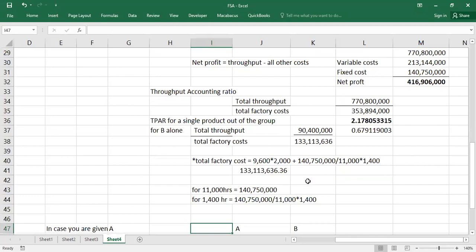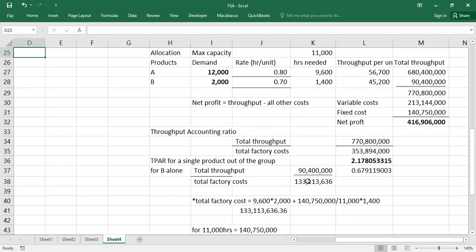Having computed, you're supposed to comment on the TARs, the throughput accounting ratios. They are commented upon based on 1.